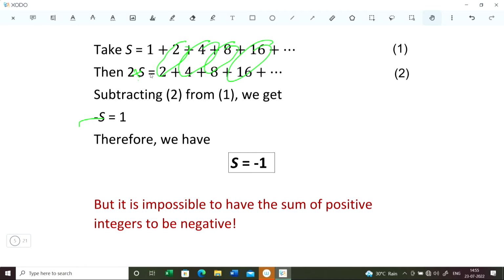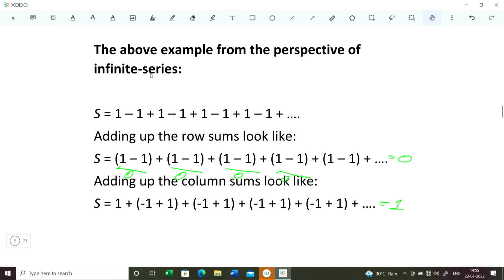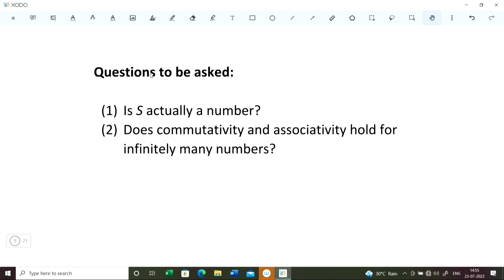Another point I was trying to make is that the rules of commutativity and associativity fail to hold when we are considering adding infinite numbers. Everyone is clear what the commutative law and associative law say, right?